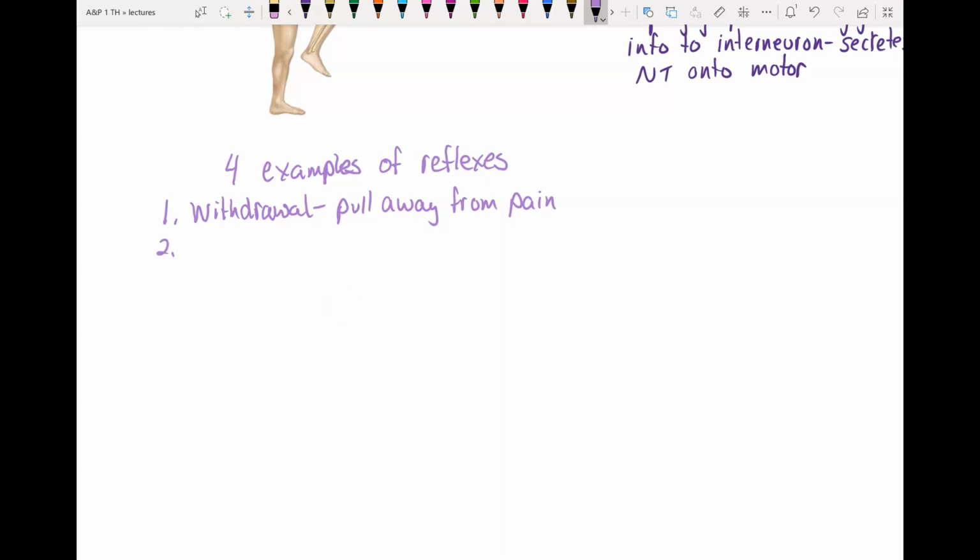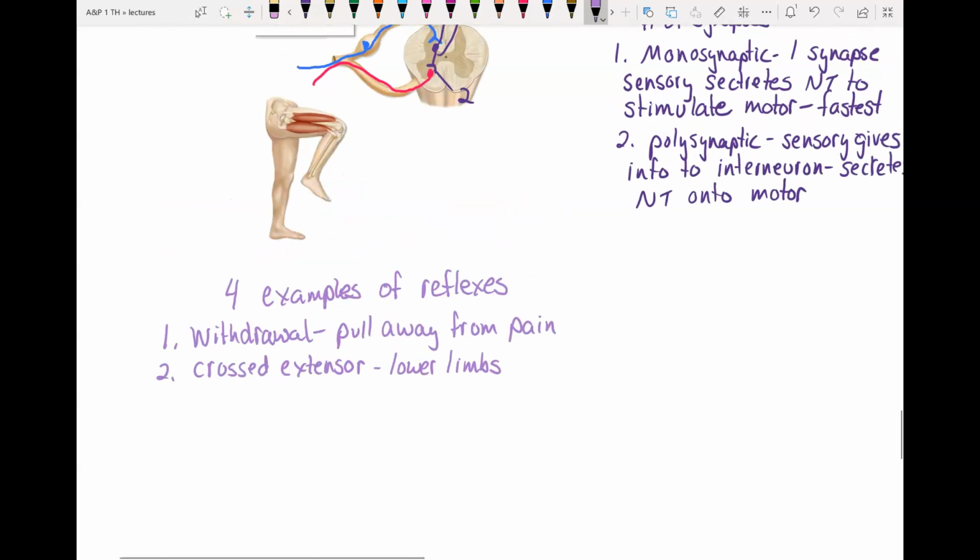The second one is crossed extensor. This is the contralateral reflex. It involves both sides of the body, and this occurs in your lower limbs. And this is what's being shown in the pictures up here.